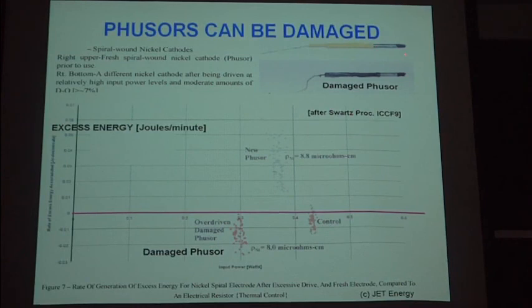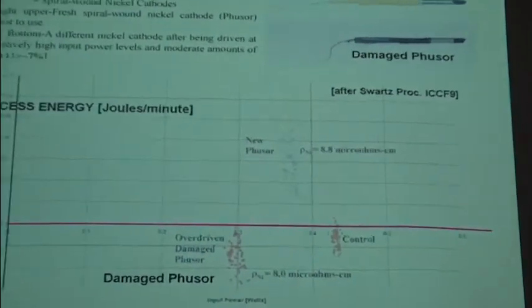This is what our fusor looked like. This is wound nickel that we would put in. And if we overdrove it, we would get a damaged fusor. It would change color. The electrical resistance would change from 8.8 micro-ohm centimeters down to 8. But the important point is the damaged fusor was exactly like a control. We never got excess energy out again.